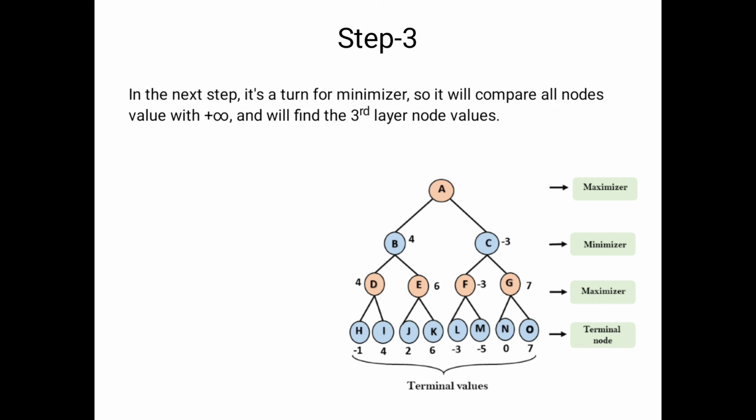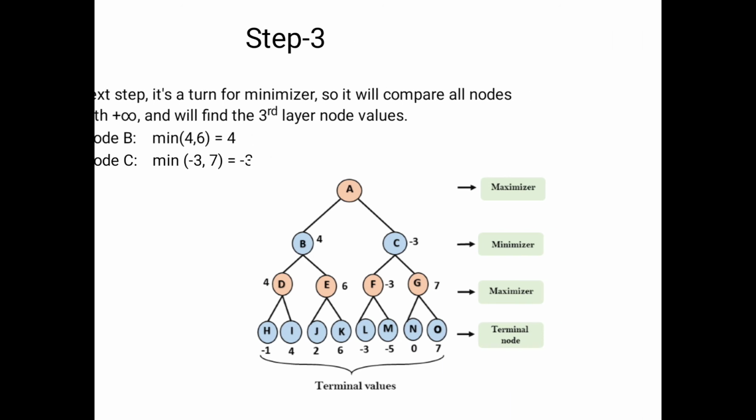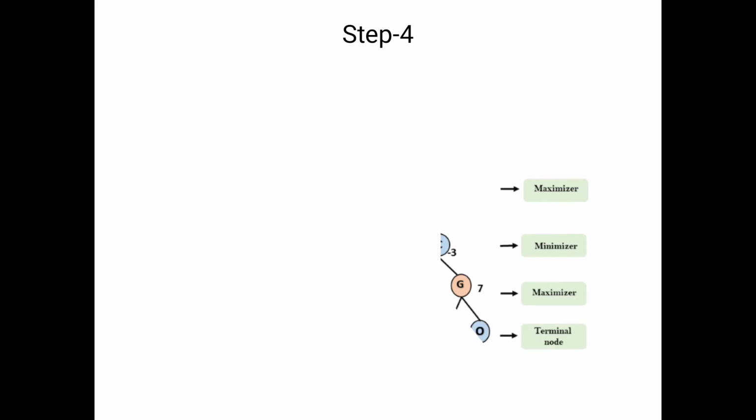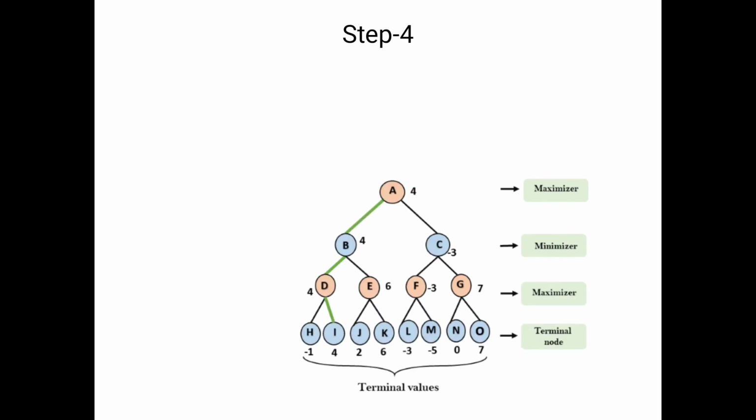That's why node B value is 4. Coming to C, the child nodes are F and G. The terminal values are minus 3 and 7. Which is the minimum? Minus 3.